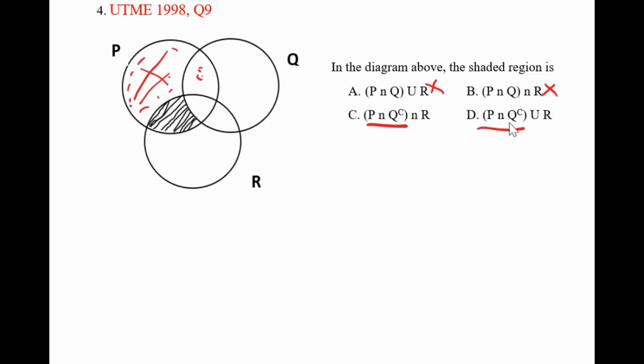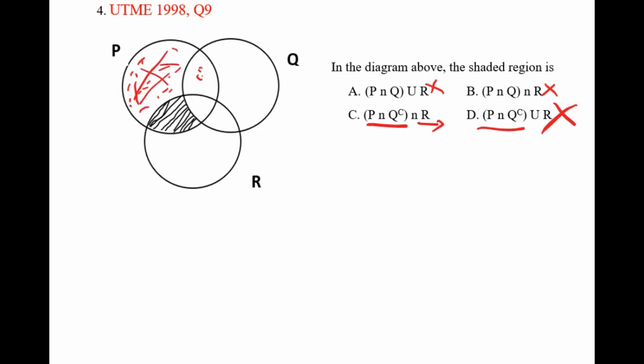So now P intersection Q complement union R. You see, here there is no union R that could have covered this R part. So option D is not our answer. Then we have P intersection Q complement intersection R. Because of this second part now, this set of P, or this shaded area here, will now be eliminated.